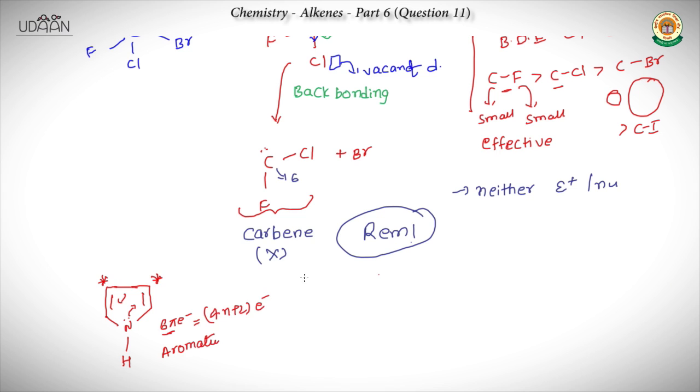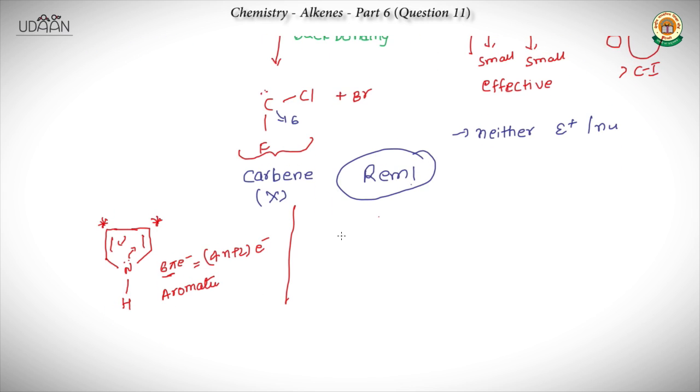Now see what this carbene does to this compound. You have the compound this way, and this is your carbon. You have fluorine here, you have fluorine, 2 electrons, and this is the vacant orbital on this carbon.